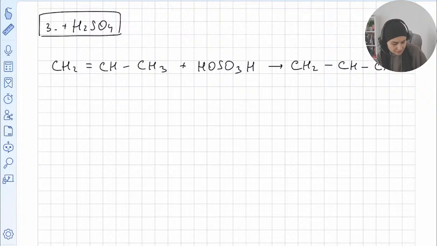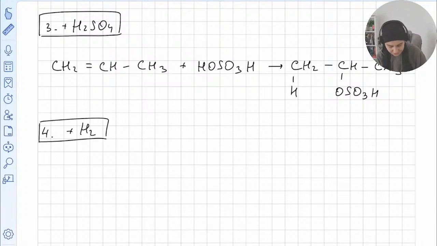But you keep in mind that you can form more. So this H goes here, that's the major product, and OSO3H goes to this one, OSO3H.